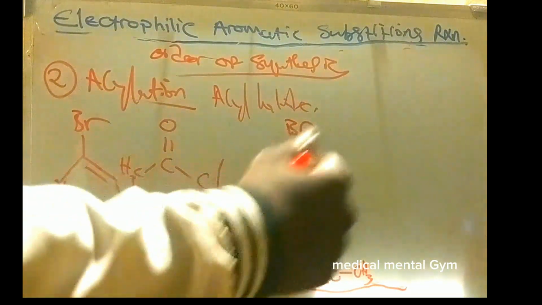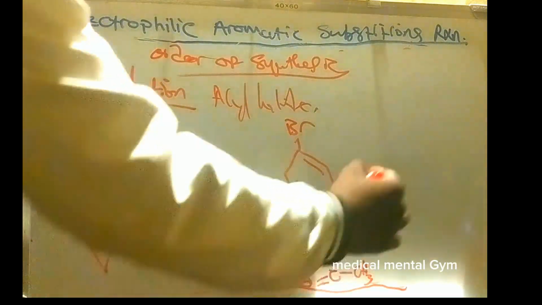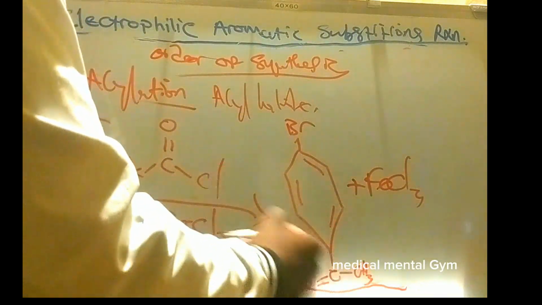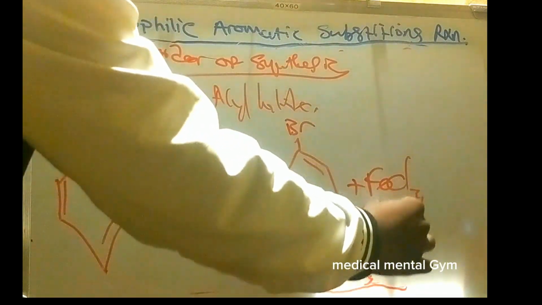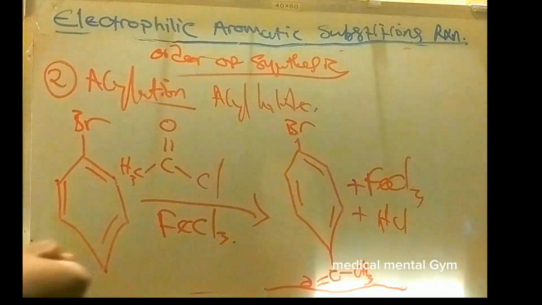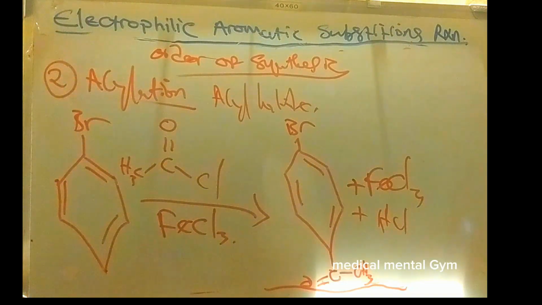Alright, so apart from this product, we also have our catalyst realized. So we still have iron tetrachloride, and since we used chlorine there, we've produced hydrochloric acid as our byproduct. Okay, so this is now the overall reaction of the acylation of bromobenzene, which is the second reaction of this synthesis.